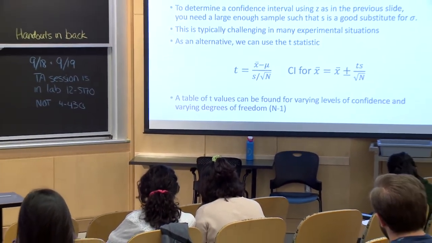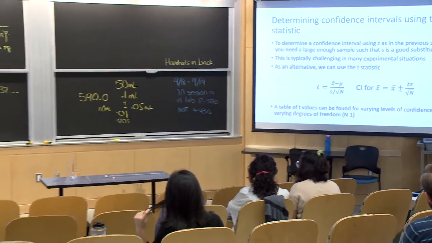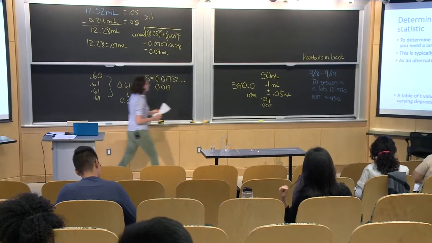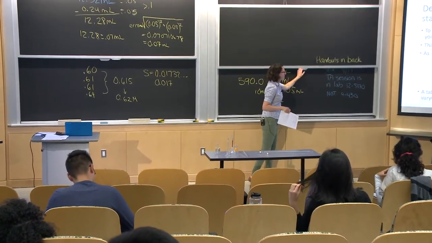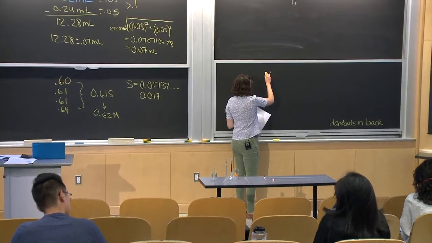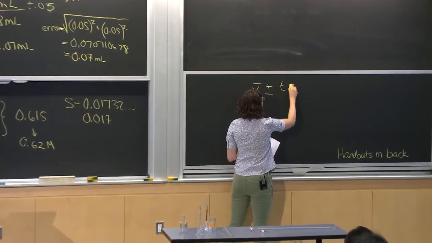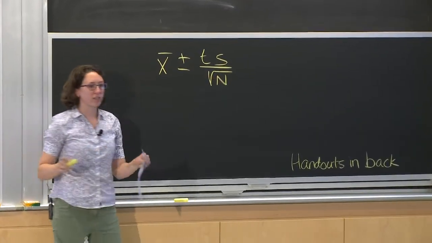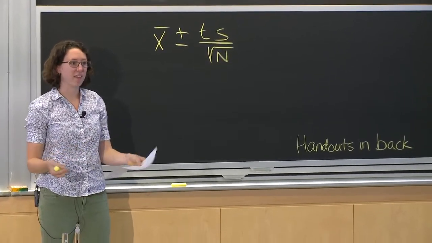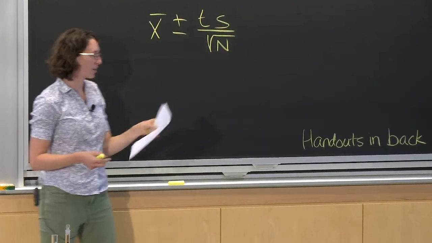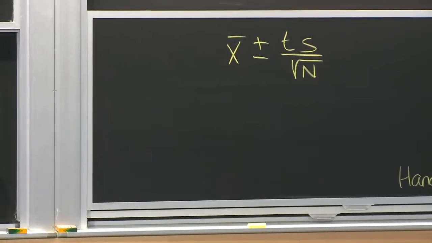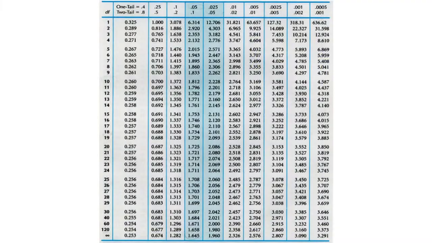So if we're going to calculate a confidence interval for the mean of our HCl concentration, we need our average plus or minus t times s over the square root of n. You'll notice that this standard deviation over the square root of n is the standard error of the mean. If you calculate that, it'll make it slightly easier to calculate your confidence interval. To do that, we need a t-table, which gives you the t-statistics.